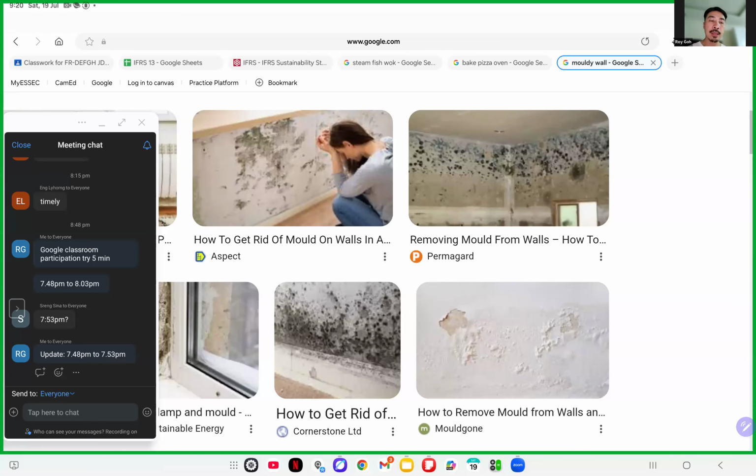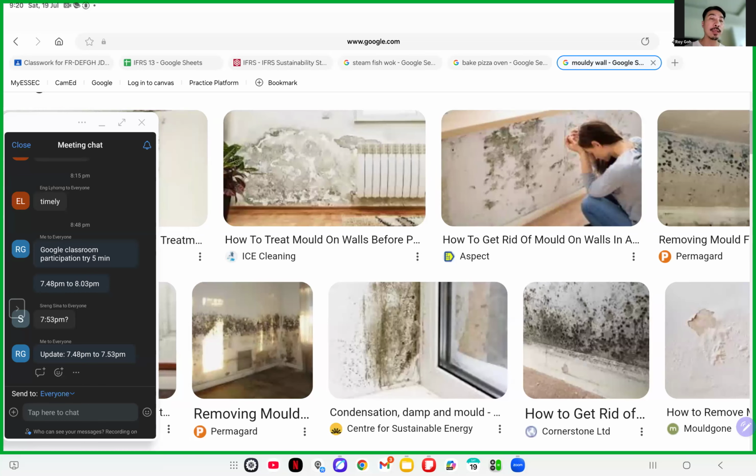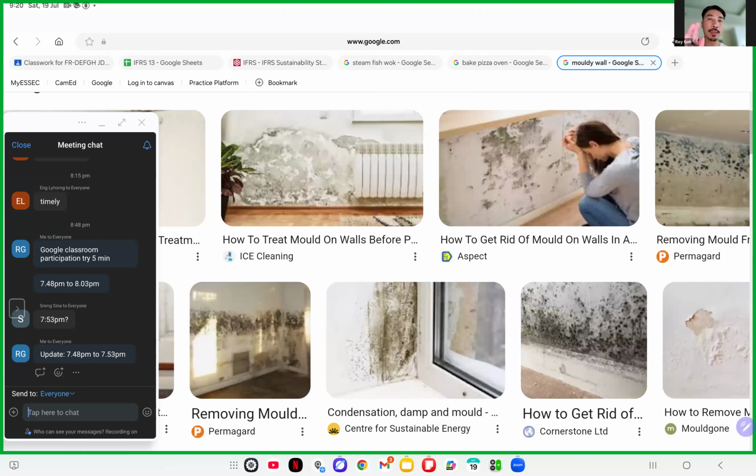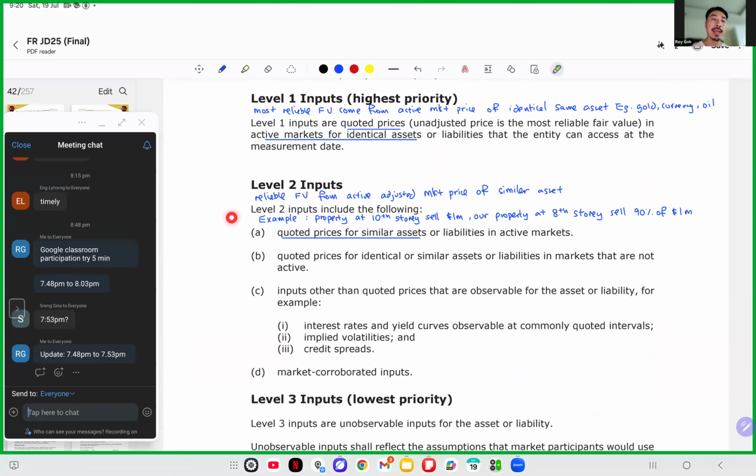Otherwise, in Singapore, you can see things getting moldy because it's so wet. So when you buy a property in Singapore, you should buy a property that has sunlight shining into the house. But in Cambodia, if your house has no sunlight, it is not so humid. So for that reason, maybe on the same floor, one unit has sun, one unit has no sun, the price is also different.